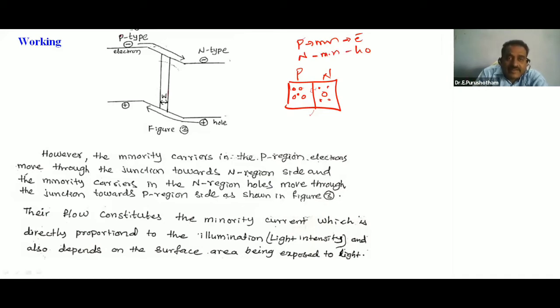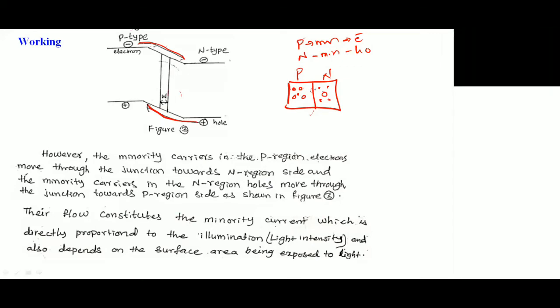In p-type semiconductor, the minority charge carrier electrons diffuse from p-type to n-type. In n-type semiconductor, the minority charge carrier holes diffuse from n-type to p-type through the junction, as shown in this figure.